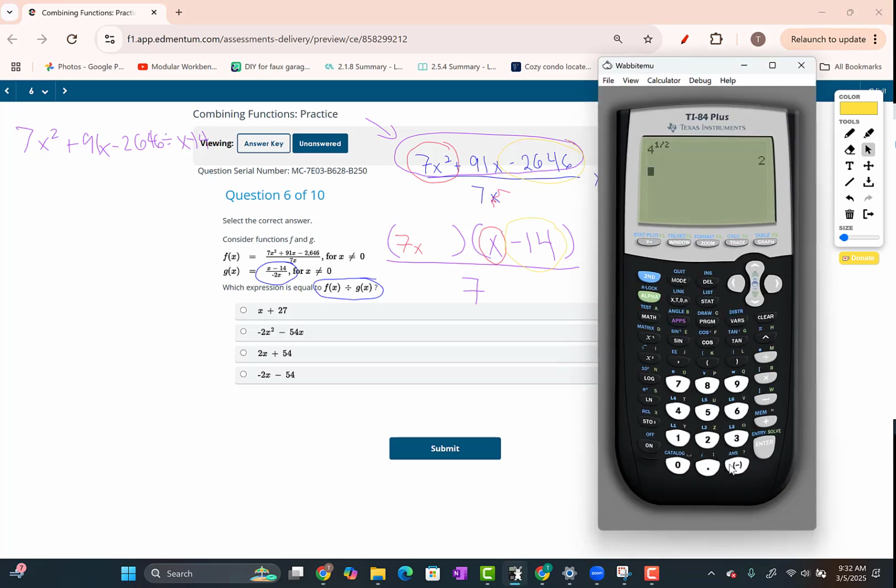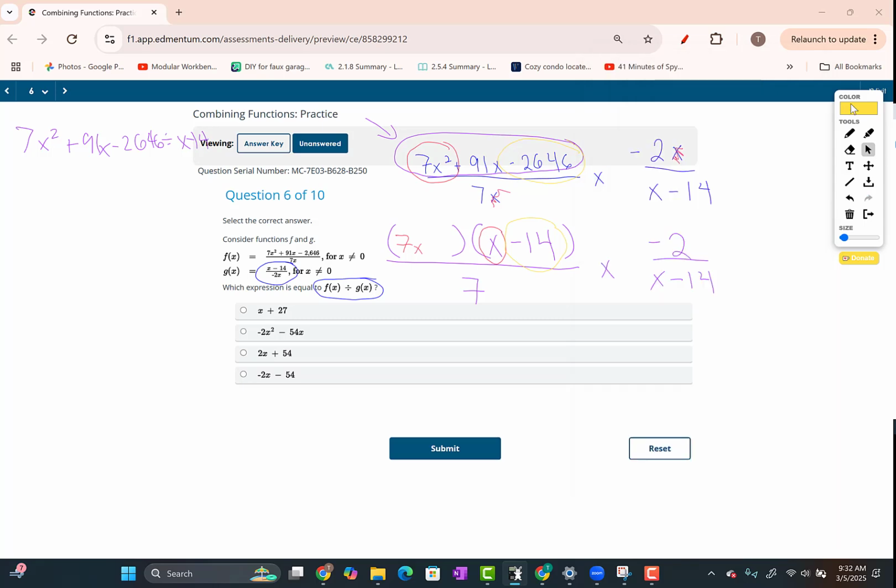So what is negative 2,646 divided by negative 14? Positive 189. So now we have everything factored out.